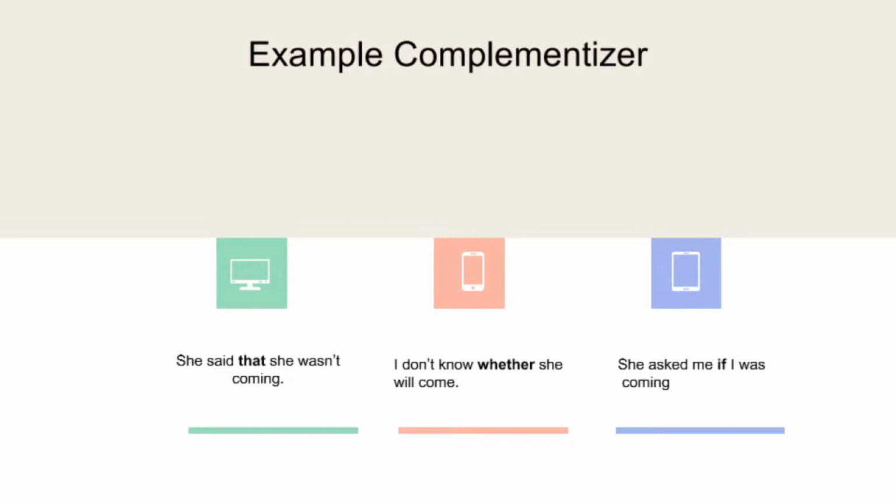And second, I don't know whether she will come. In this sentence, complementizer is whether. And the last example, she asked me if I was coming. Complementizer in this sentence is if.